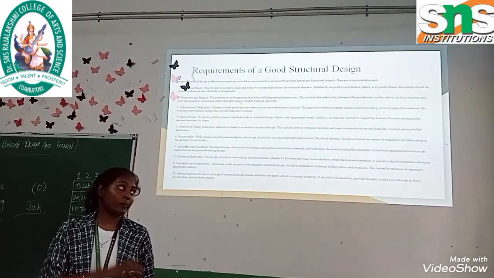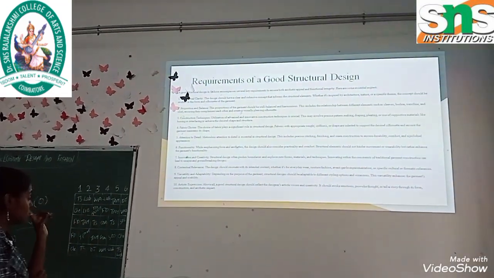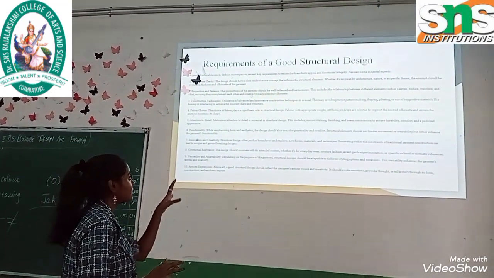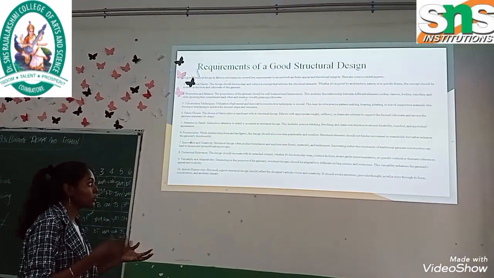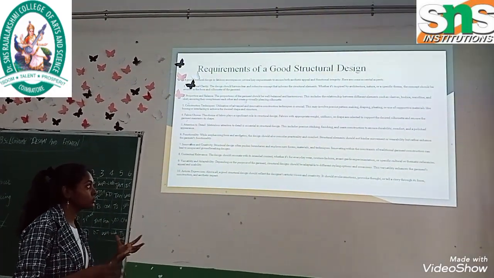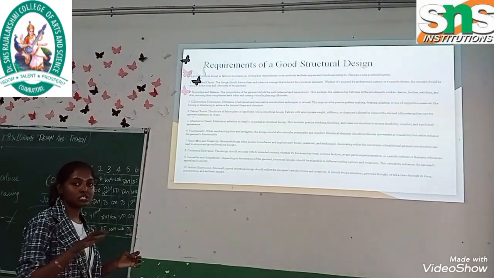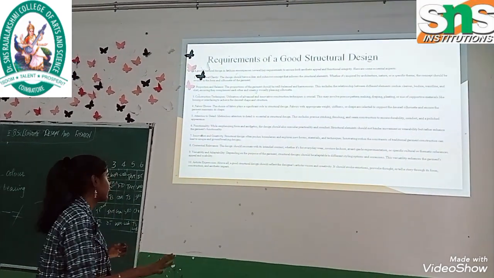The choice of fabrics plays a significant role in structural design. The fabric should have appropriate weight, stiffness or drapeability to support the desired silhouette and ensure the garment maintains its shape.